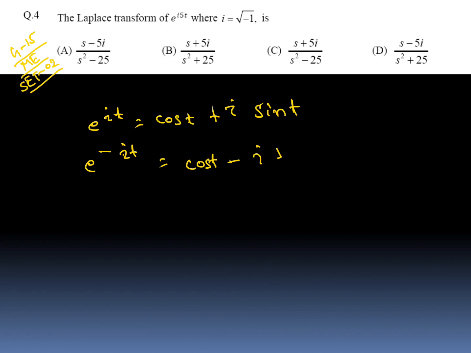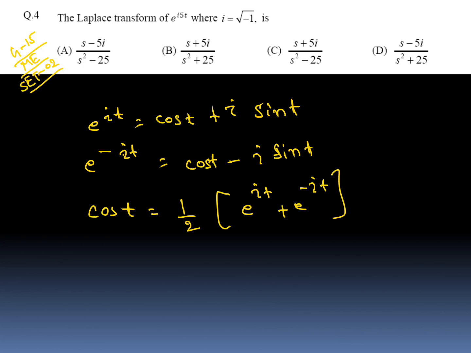From here we can also get cos t equals half of e to the power it plus e to the power minus it, and sin t equals 1 by 2i times e to the power it minus e to the power minus it. These four formulas are important.